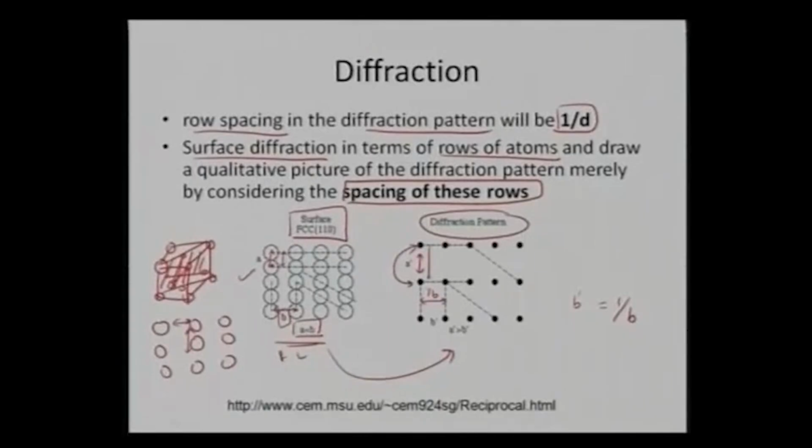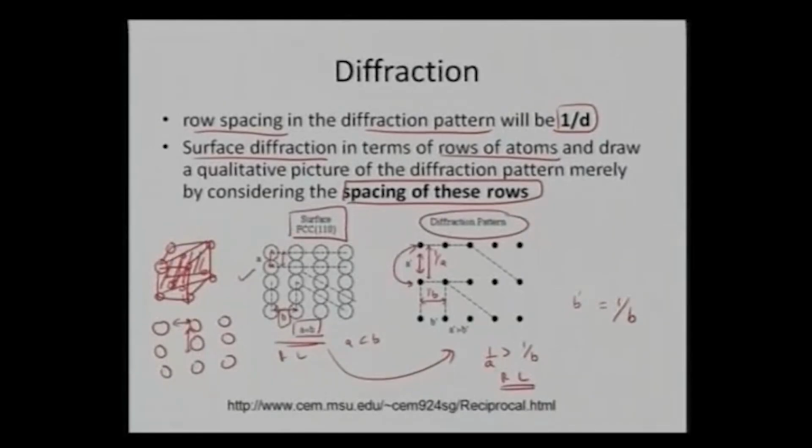So this particular 1 by A has become much more spread apart. So here I had A less than B. Now what I will get in reciprocal lattice spacing is 1 by A much greater than 1 by B.